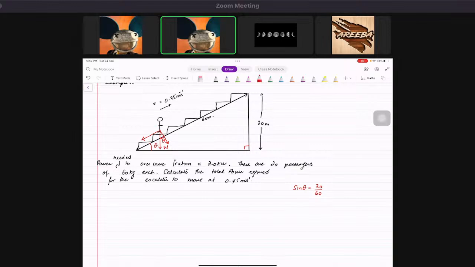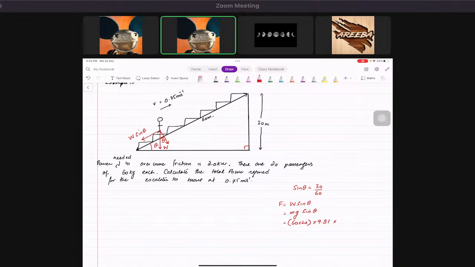So that is weight sine theta. The force here is W sine theta, and W is mass times gravity. The total mass of the passengers is 60 kg times 20 passengers, times 9.81.